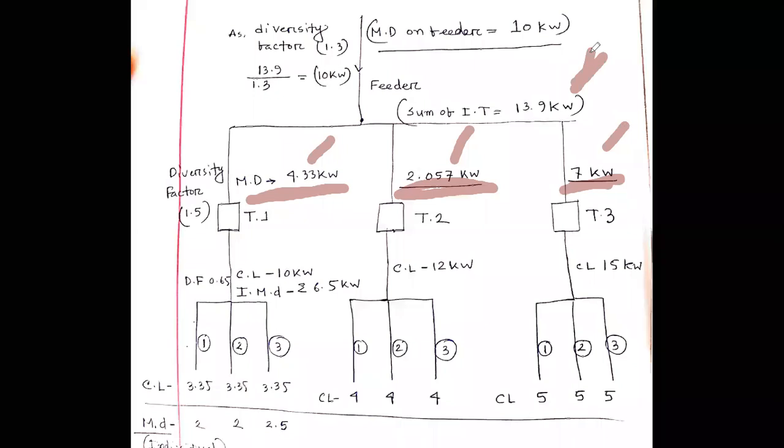As I'm trying to say, if these 3 transformers are using the power at the same time, at that time the maximum demand on that feeder will be 13.9. Why? Because these 3 transformers are getting power from that feeder.